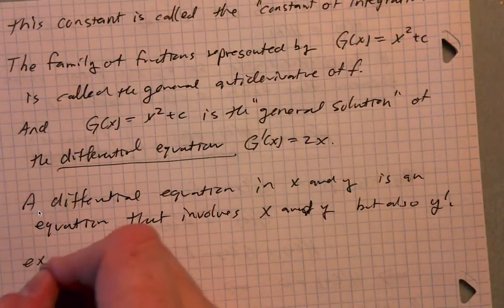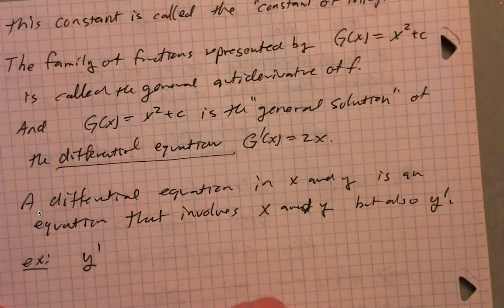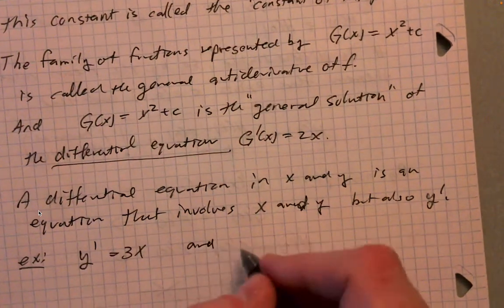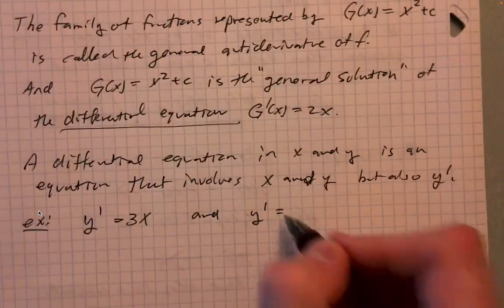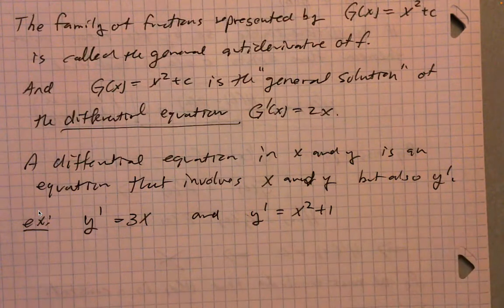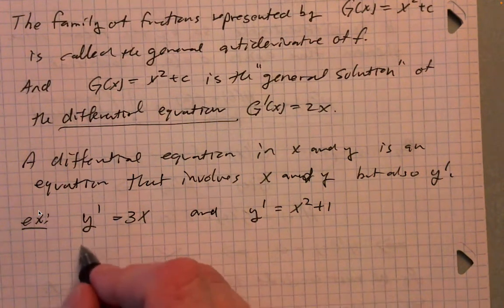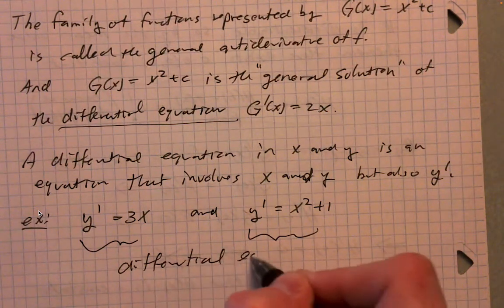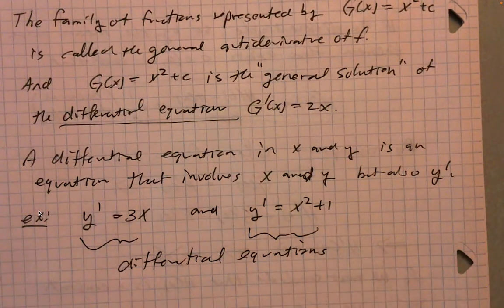Okay, examples. What do I mean by this? Well, y prime equals 3x is an example of a differential equation. Another one would be y prime equals x squared plus 1, another differential equation. So when you get into, after calculus 2, many people take calculus 3 right away, but I think it might be advisable to take a different course between those two, differential equations.